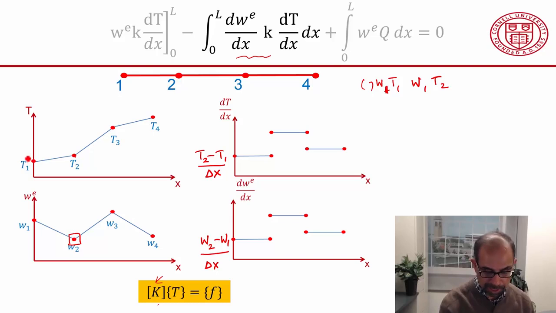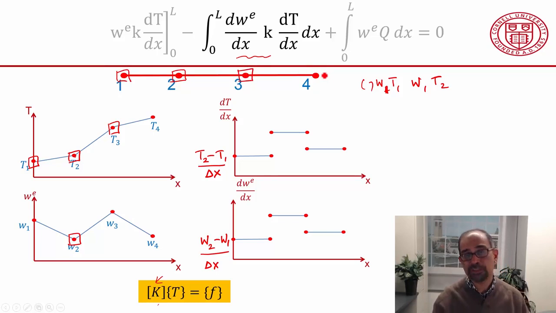W2 is multiplying T1, it's multiplying T2, that comes from the integral over the first element, and then W2 will multiply T2 in this integral, but it'll also multiply T3. Which means that when I write the algebraic equation, when I collect terms, the algebraic equation at this node will involve the temperature value here, and the temperature value here, and the temperature value here. It won't involve the temperature value here.